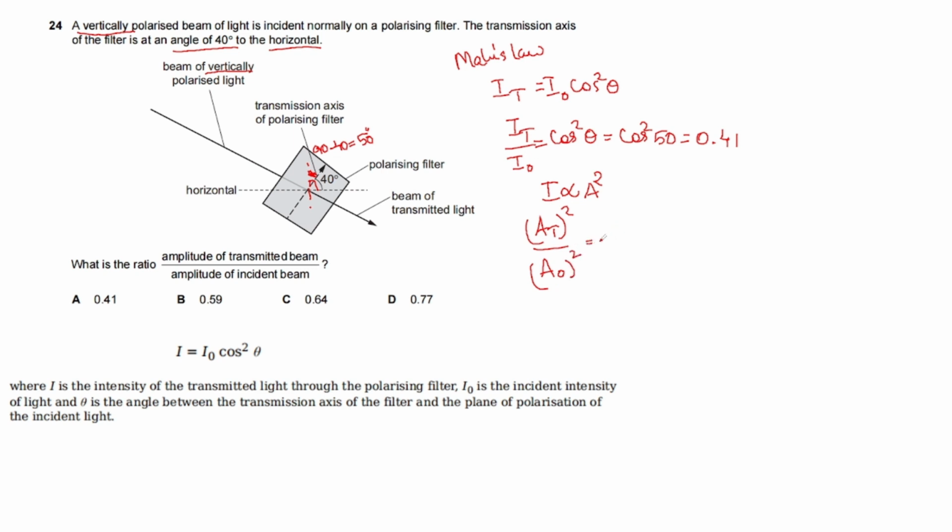Or you can rearrange this as the amplitude of the transmitted wave over the amplitude of the incident wave, squared, which would be equal to 0.41. So we will be getting the ratio as root of 0.41, which is 0.64, which means that option C is the correct answer for this question.